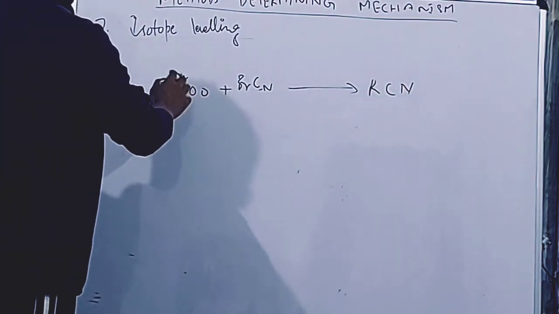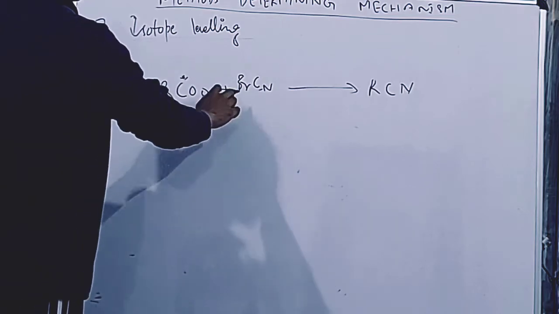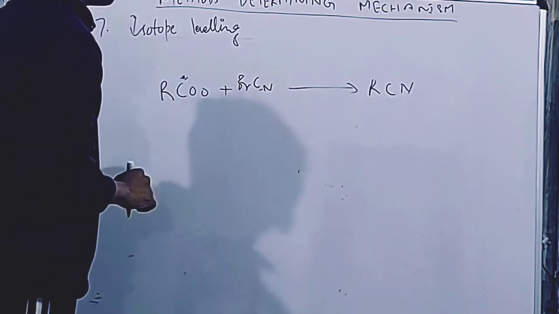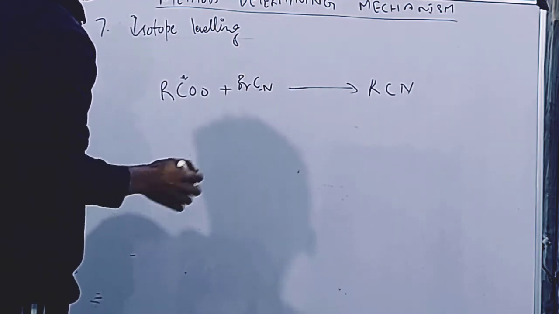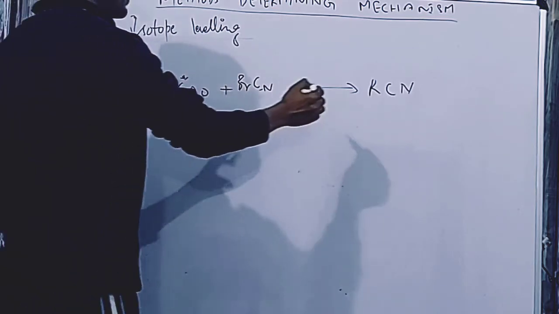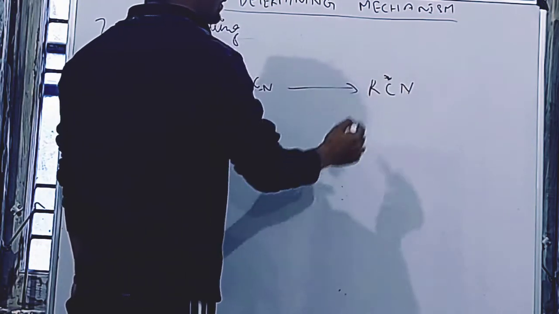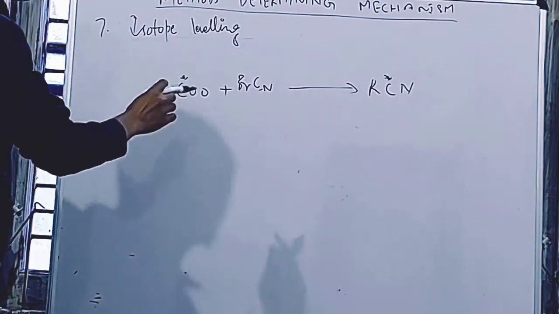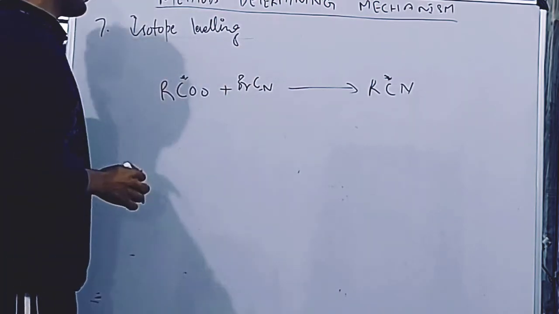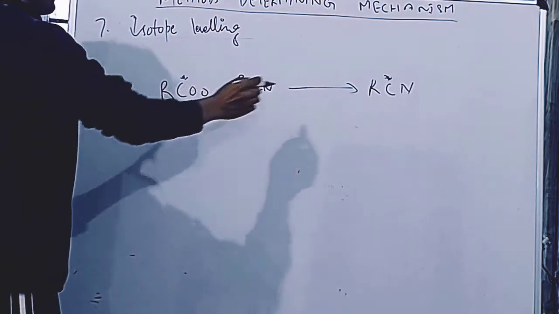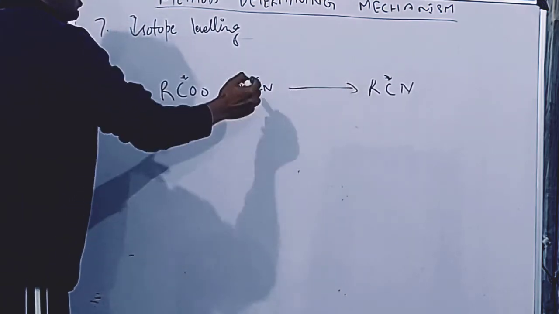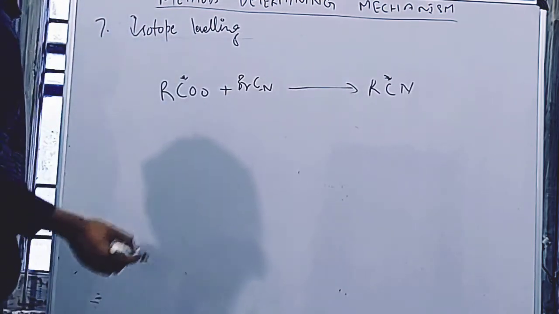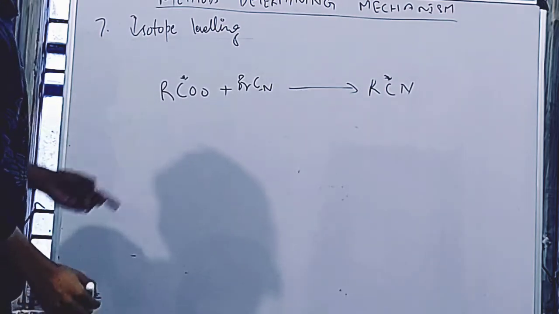So we are using 14C and reacting it with BRCN, and if the product is radioactive, then we conclude that the C here is also radioactive, that is C14. So by knowing that the product is radioactive, we can assume that C here is C14, not this C. So this is the benefit of isotope labeling.